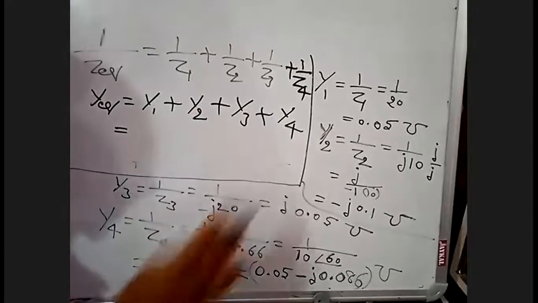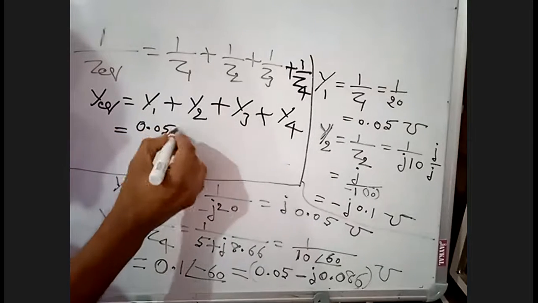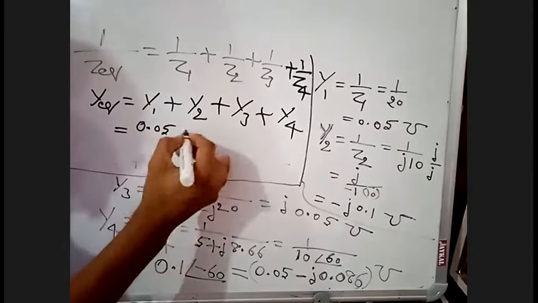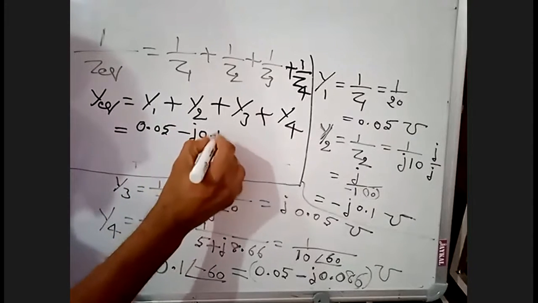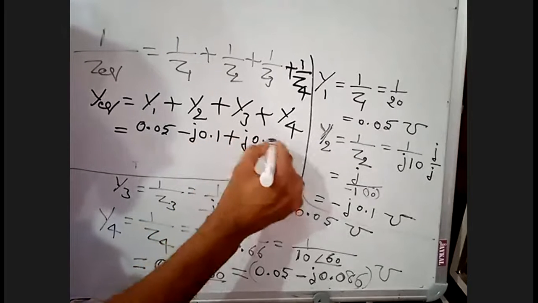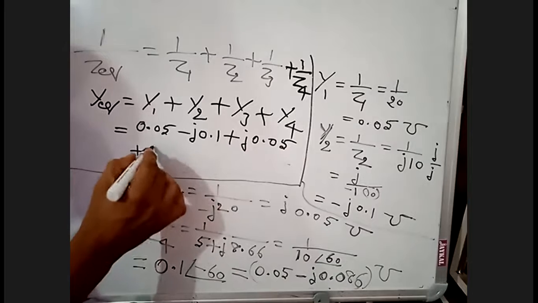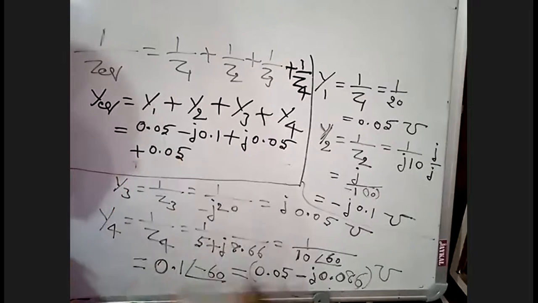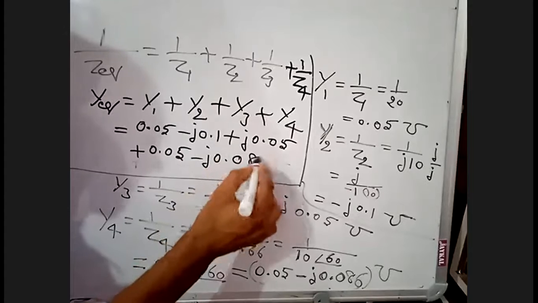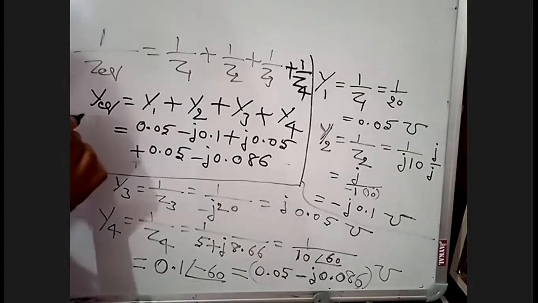Your Y1 is 0.05. Y2 is minus j0.1. Y3 is j0.05. Plus Y4 is 0.05 minus j0.086. This is your Y equivalent.